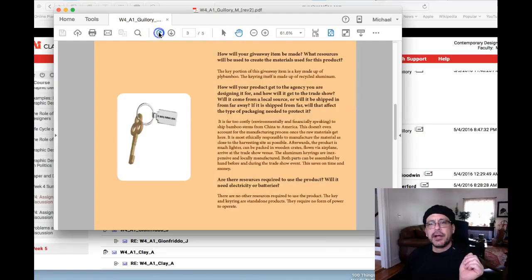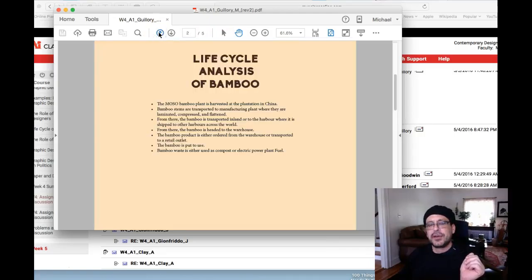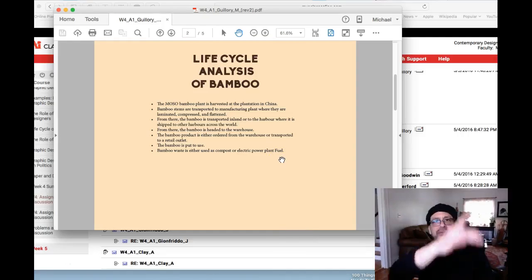Don't forget, a lot of this is going to be the first time you have ever seen this stuff. A lot of it is really just designed to get you to start thinking about how this is done. And one of the main things I want you to start thinking about is really tying the knot between your project and sustainability.